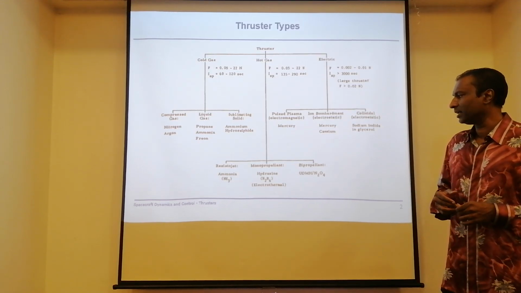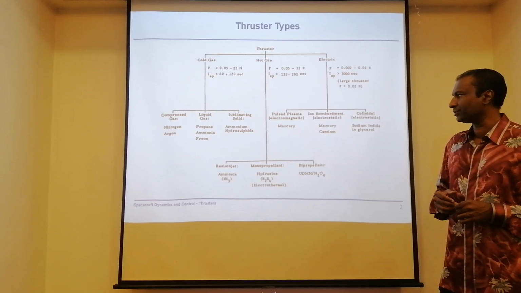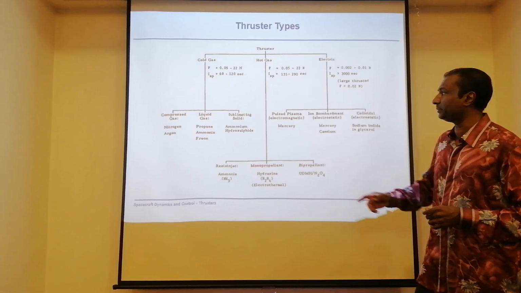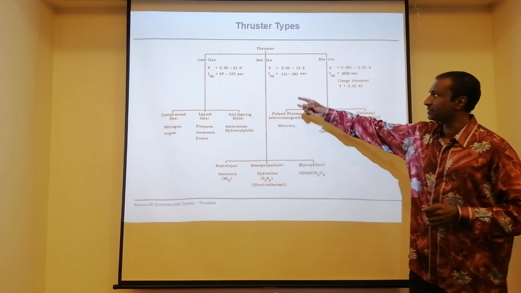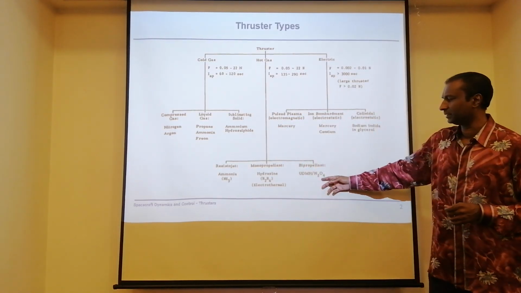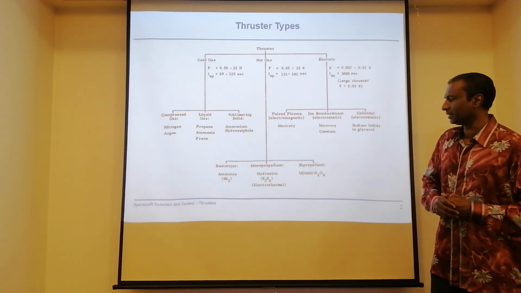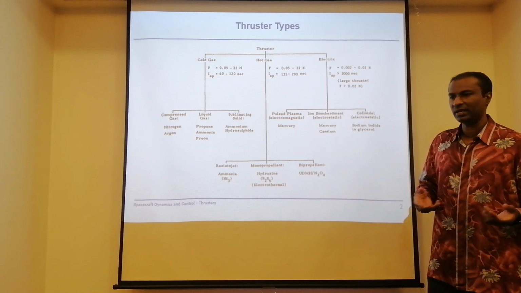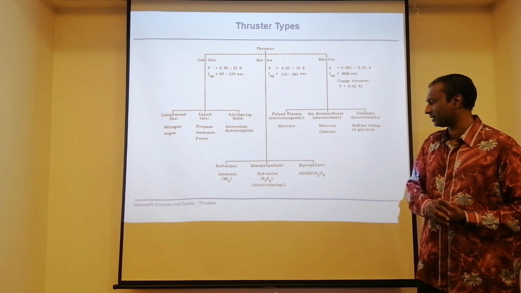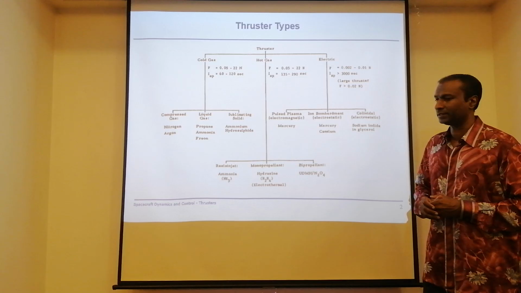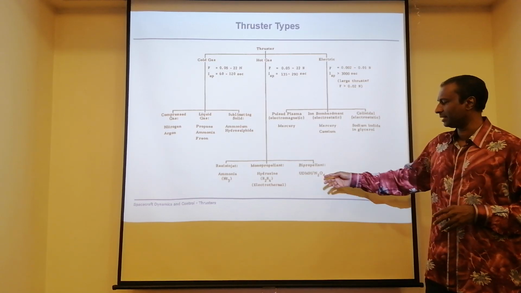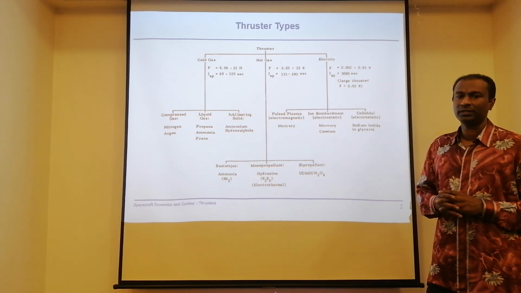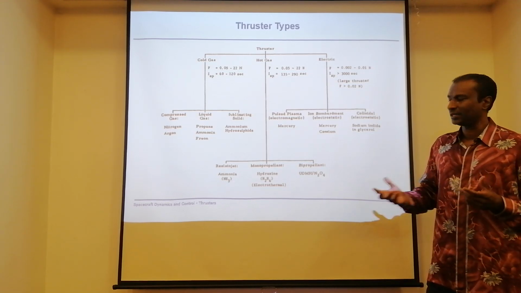For hot gas, a quite typical example is bipropellant. You have the oxidizer and the fuel, here unsymmetric dimethylhydrazine and N2H4, with nitrogen tetroxide as the actual oxidizer. So these are quite typical.